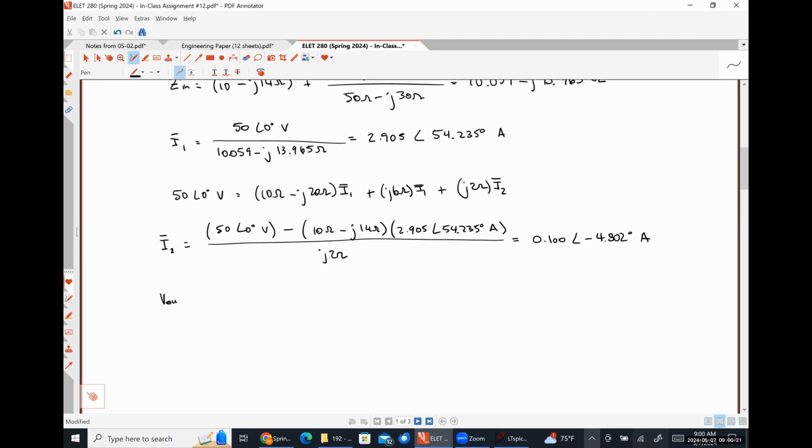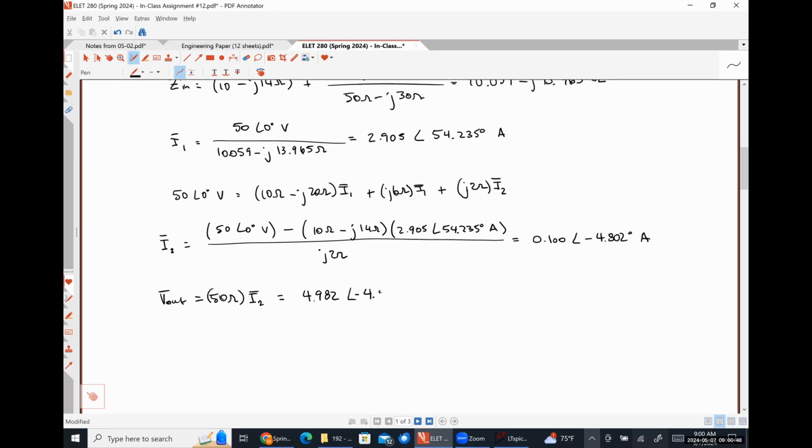From here, V out is nothing more than 50 ohms times I2, which I got to be 4.982. So this is without any rounding error. It would be literally just 5 if we introduced rounding error.